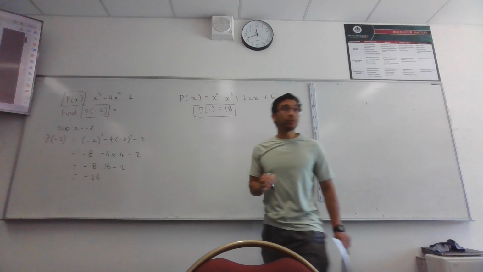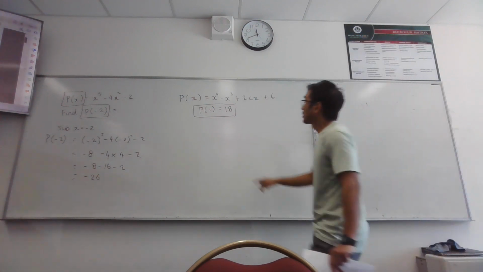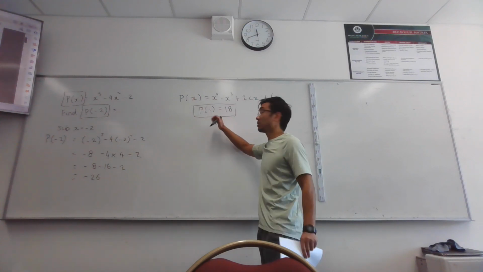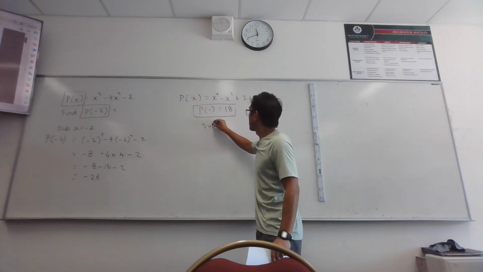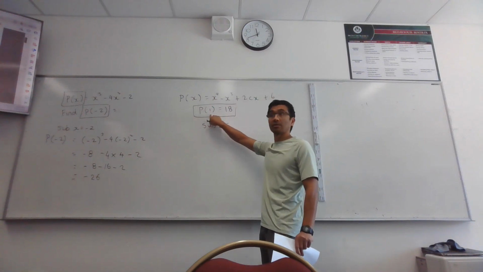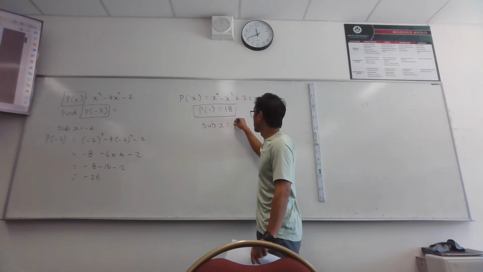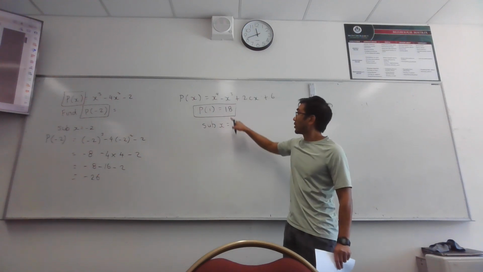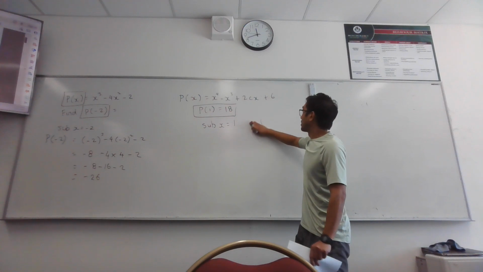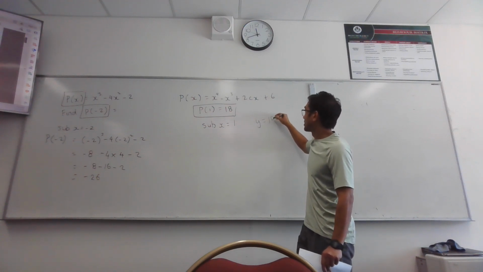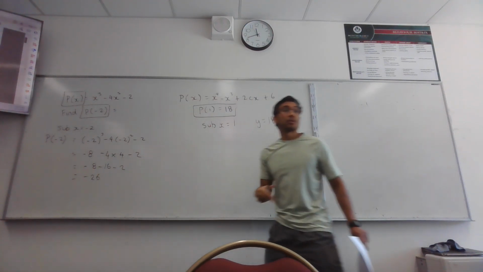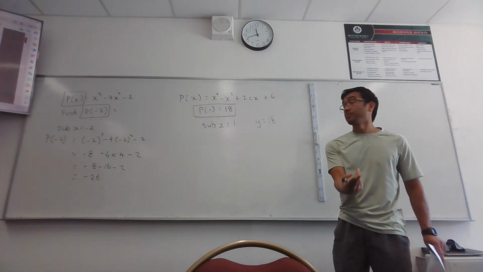We have a new equation, but we have new information. P(1) means, Hudson, what are we going to substitute x equals? Okay, when you see it in the bracket, that's the x that we're going to use. 1. But we also know when x equals 1, the y is equal to 18. So this section is like the y. So we got two things to substitute in there.